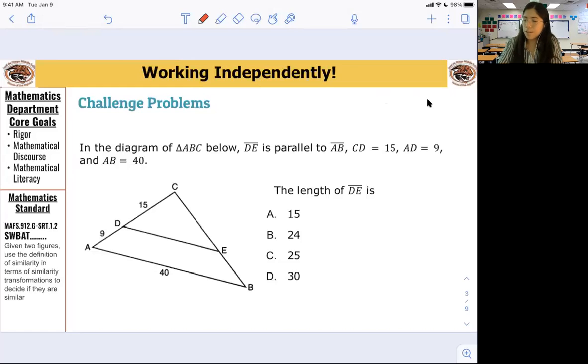Okay, I have 2 answers in the poll so far. Go ahead and keep working on it. About 1 more minute.